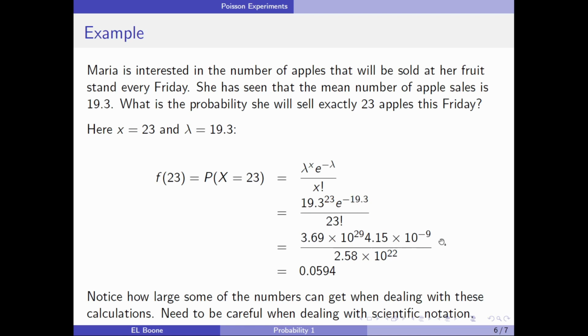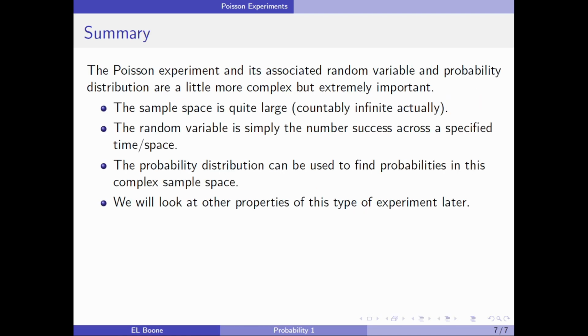Wow, that's a small number. Okay. And in the denominator, 23 factorial, which is a big number. And when you put all this together, you end up with about 5 to 6%. So there's about a 0.059 probability that she'll sell exactly 23 apples. Not at least, not more than. That's exactly what she would sell.